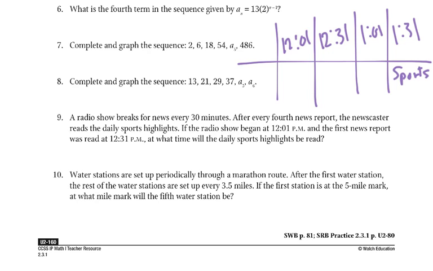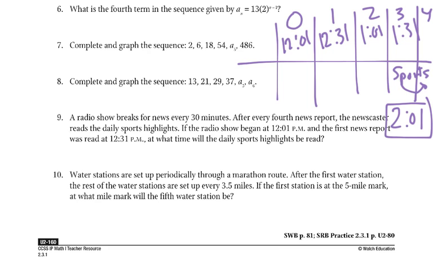Oh, hold on. That's like our zero term, isn't it? And so we need the actual fourth, which would be 2:01. Okay? So at 2:01 p.m., that's the first time they would read the daily sports. Okay? I don't think it wants us to go further. We could keep going and go every fourth, but I don't think we need to on this one.